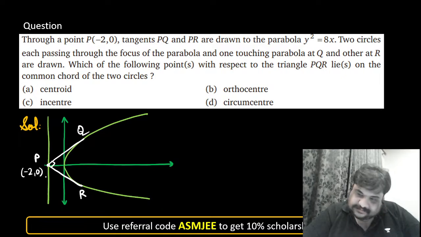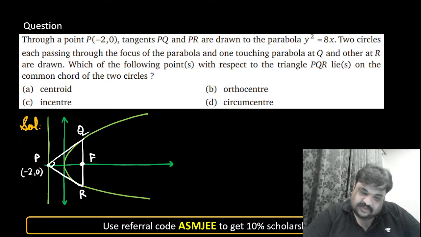This is 90. Of course, this will be latus rectum only. Why? Because this is a point on the directrix. And from this point, if you draw, it will be a focal chord. And also due to symmetry, it will be the focus only.